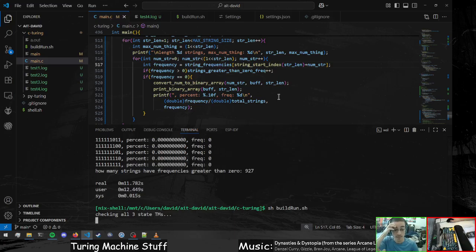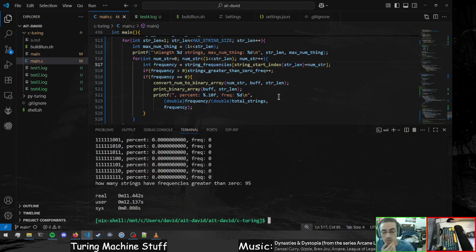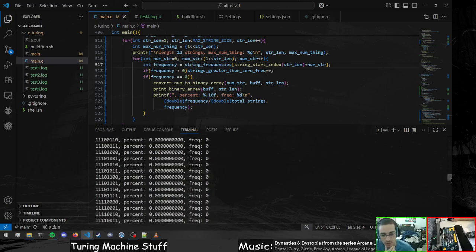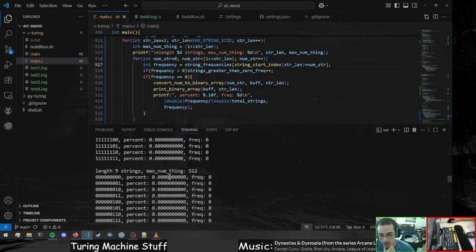Okay. Alrighty, so there's quite a few of them. Most of the strings for... Wow, what is this? Is this length 8? Length 9?